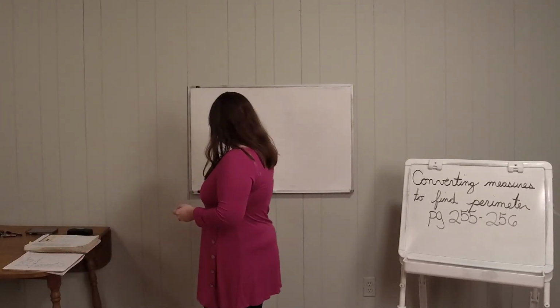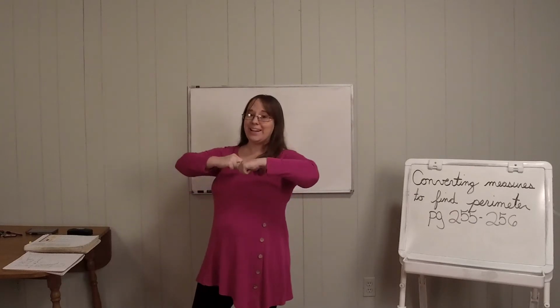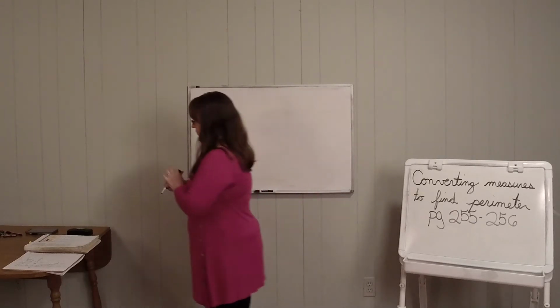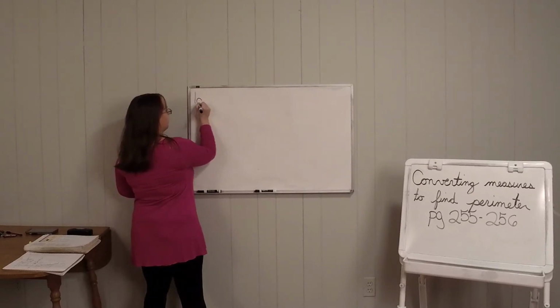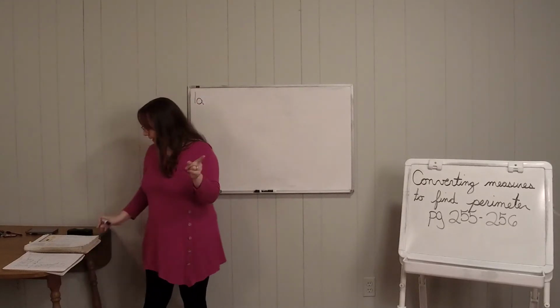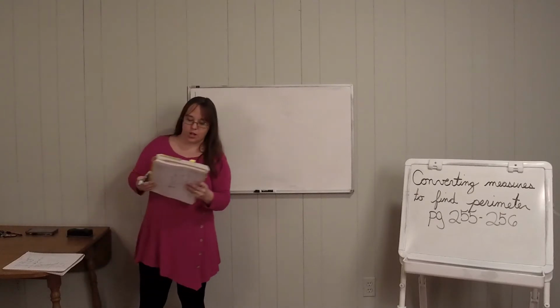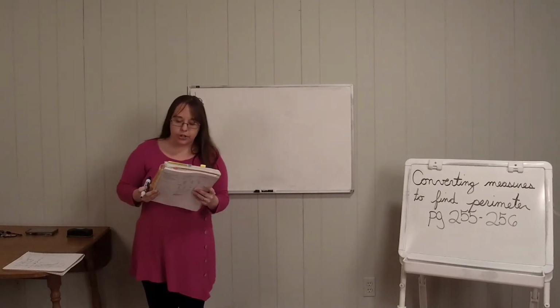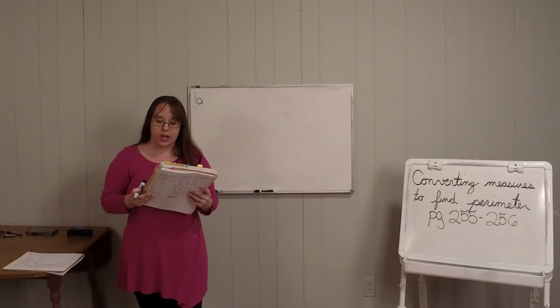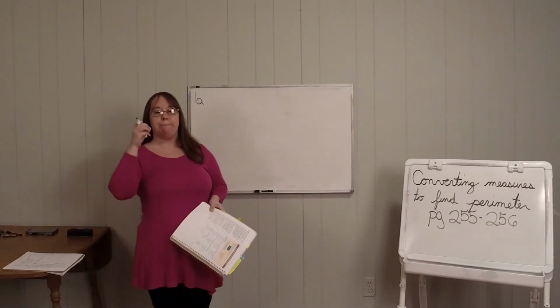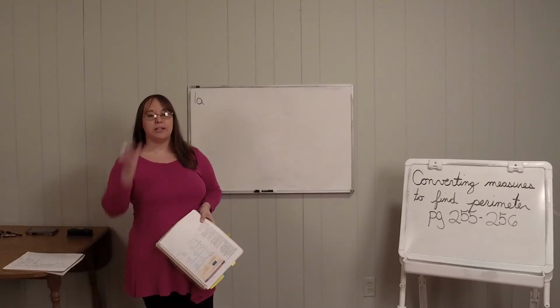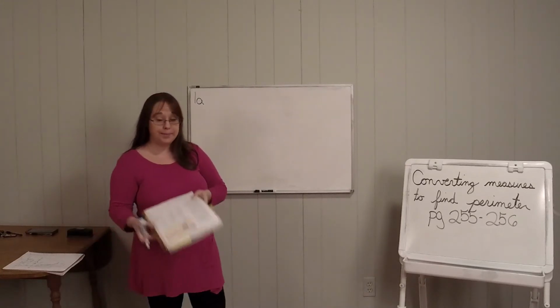All right. So, let's look at 1A in your book. 1A says, convert to the greater unit before finding the perimeters of these rectangles. So you're going to have to use the biggest unit of measure in that problem, okay?